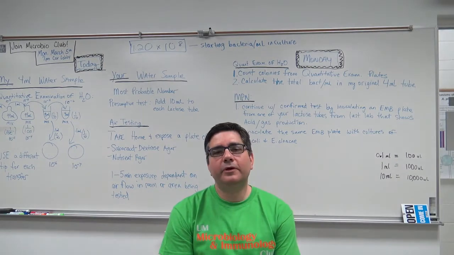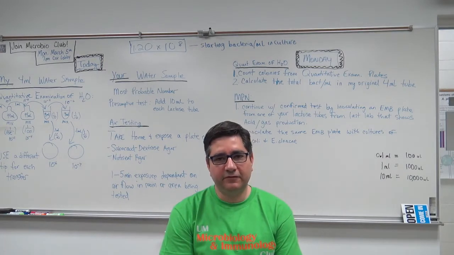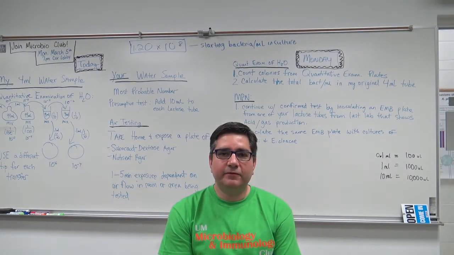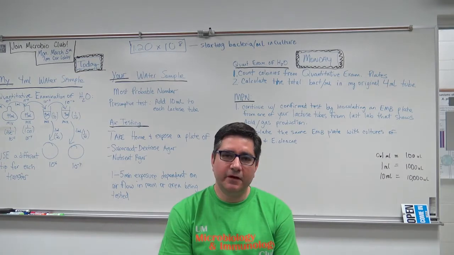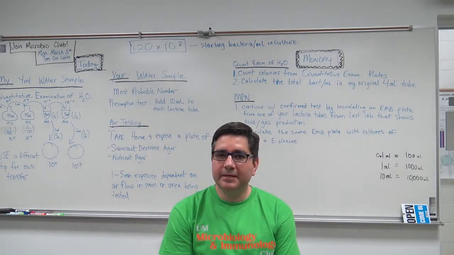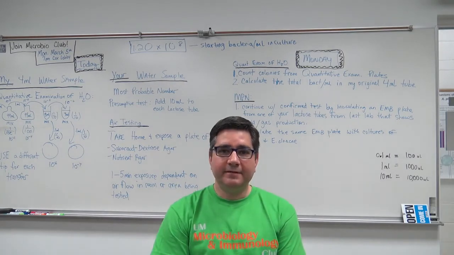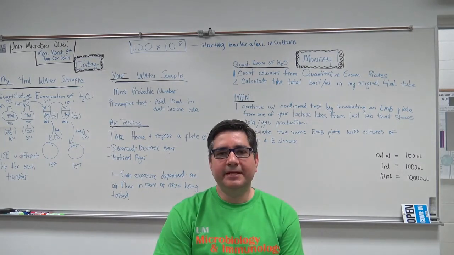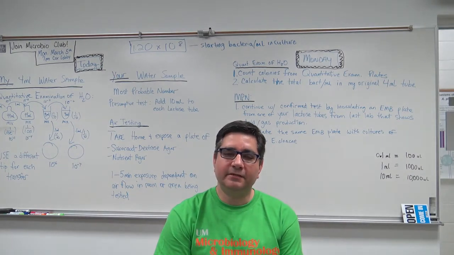This technique employs a vacuum to draw water through a membrane using a funnel system. It is the preferred method for testing large volumes of water. The medium we will use for this technique is MF endo broth, which is selective and differential for coliforms. The medium is selective as it contains sodium sulfite, basic fuchsin, and sodium deoxycholate, which inhibit the growth of gram-positive organisms.